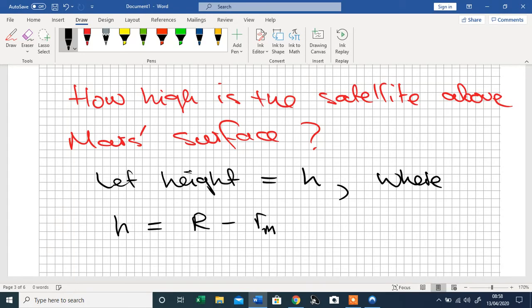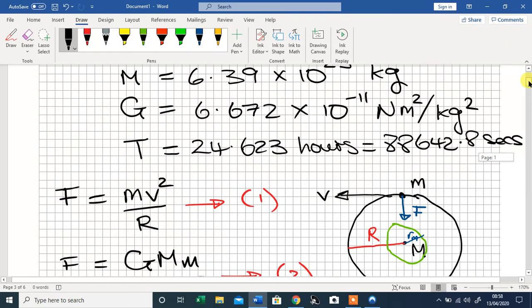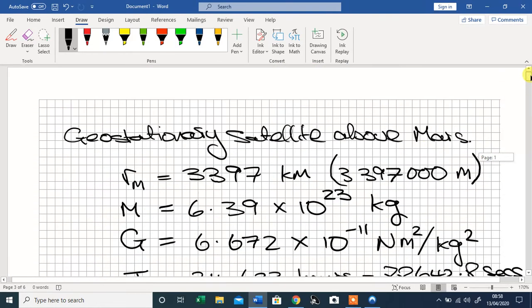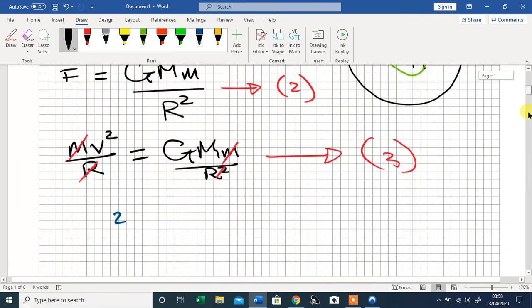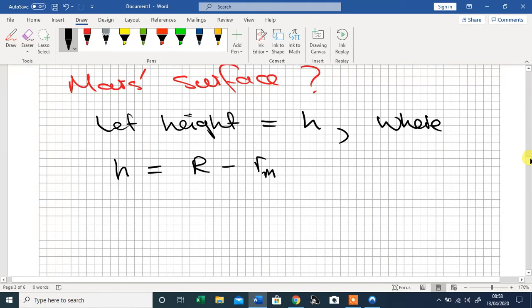And if you remember what r sub m actually means, it means the radius of the planet Mars. Not the radius of the satellite orbit, but the radius of Mars. So that is, we'll take the kilometre value of it, which is 3,397 kilometres.